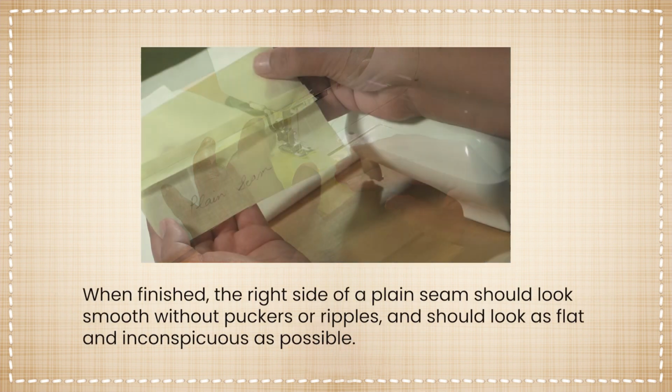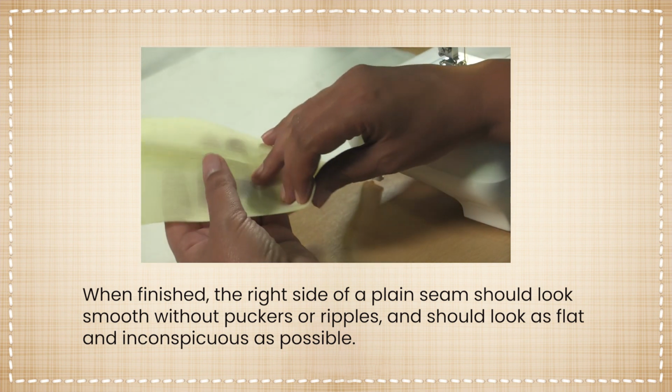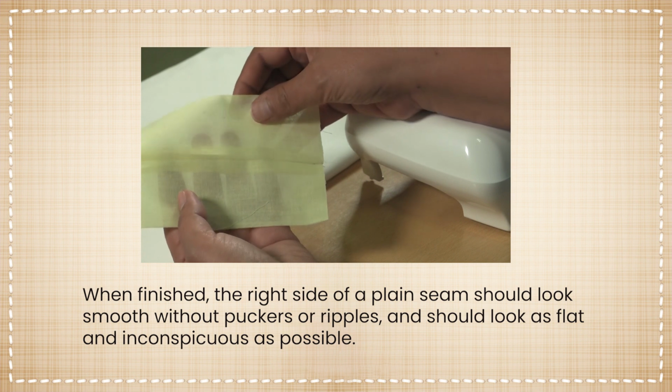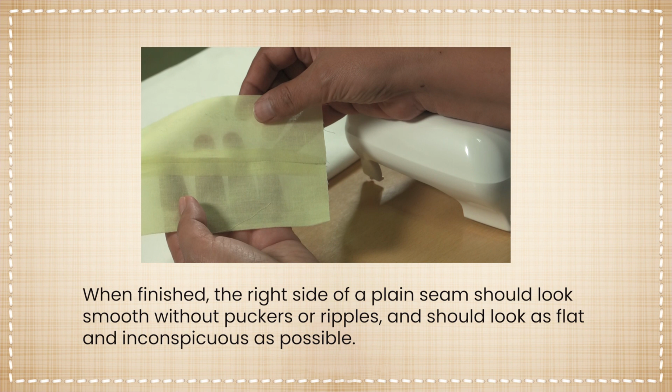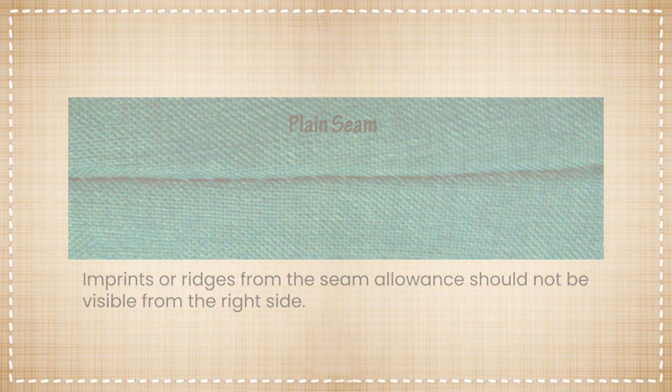When finished, the right side of a plain seam should look smooth without puckers or ripples and should look as flat and inconspicuous as possible. So, imprints or ridges from the seam allowance should not be visible from the right side.